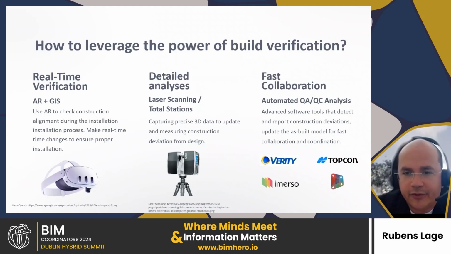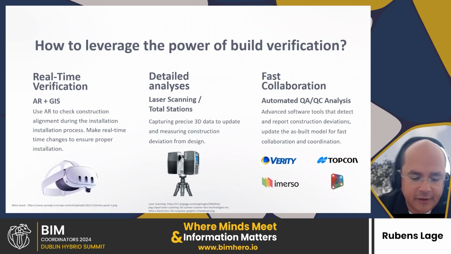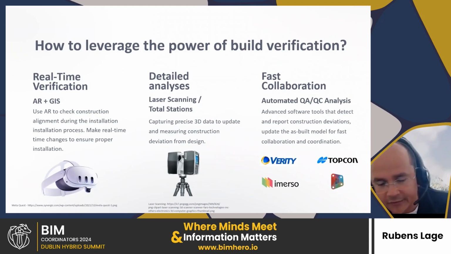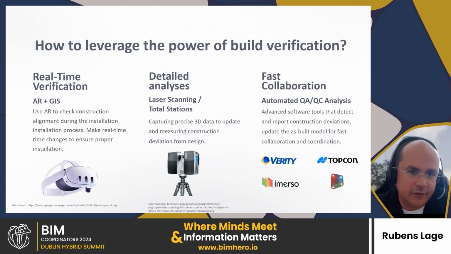And how do we do fast collaboration? There are several software tools that can do this, because point clouds are huge files and very complex to deal with, as are models. But there are tools that can do this verification for you and give you very quick reports.